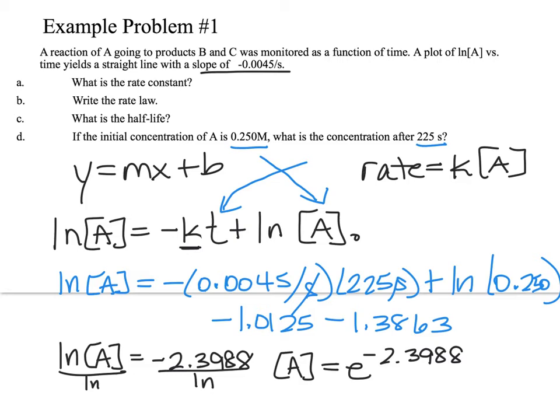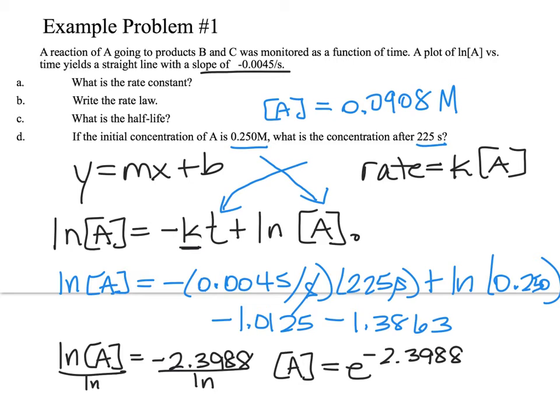If I'm using a small calculator, like one of my Casios, I have to put the number in first, change sign, and then inverse natural log. When I do that, I get a final answer: the concentration of A is equal to 0.0908 molar.